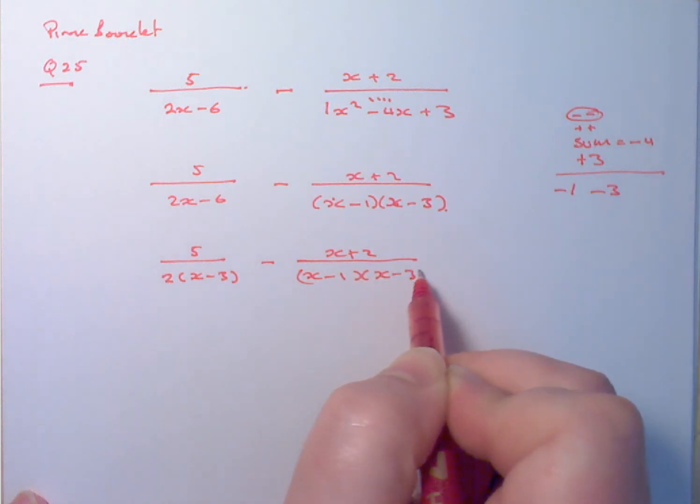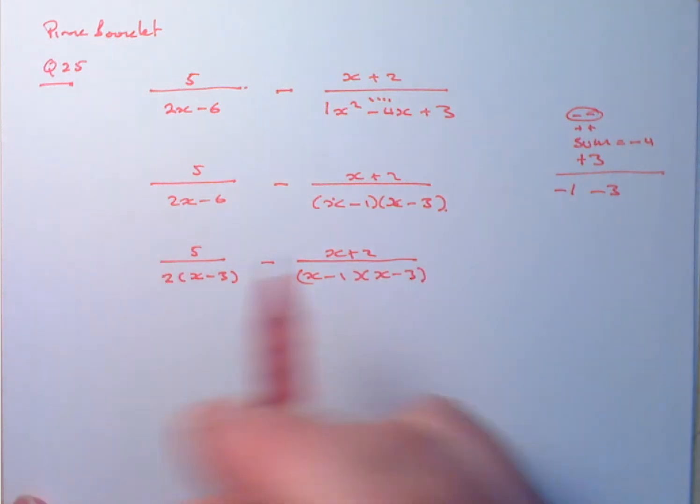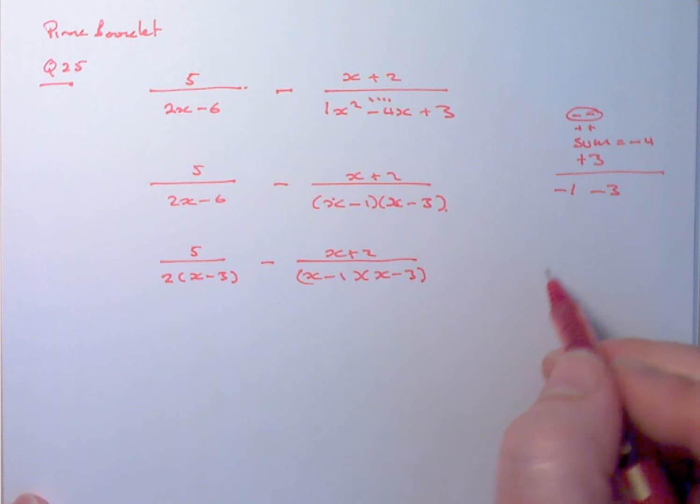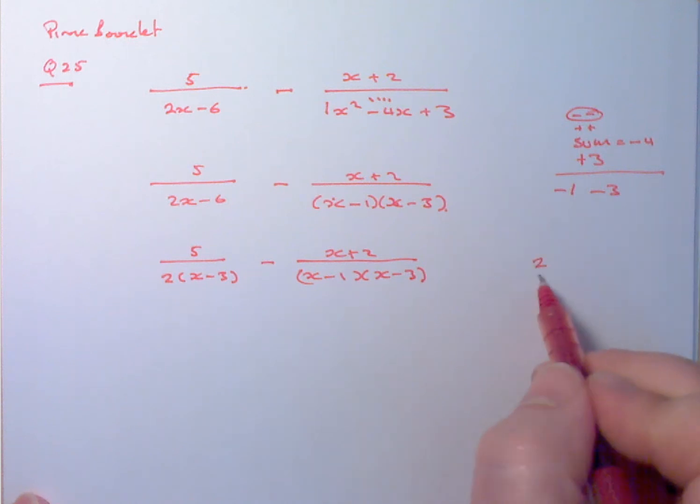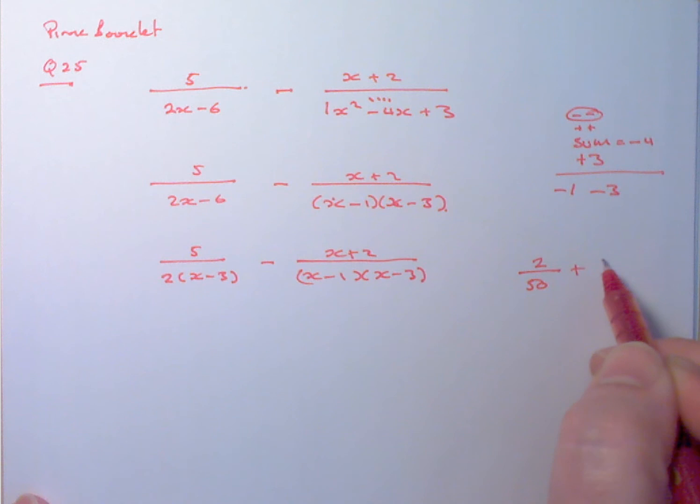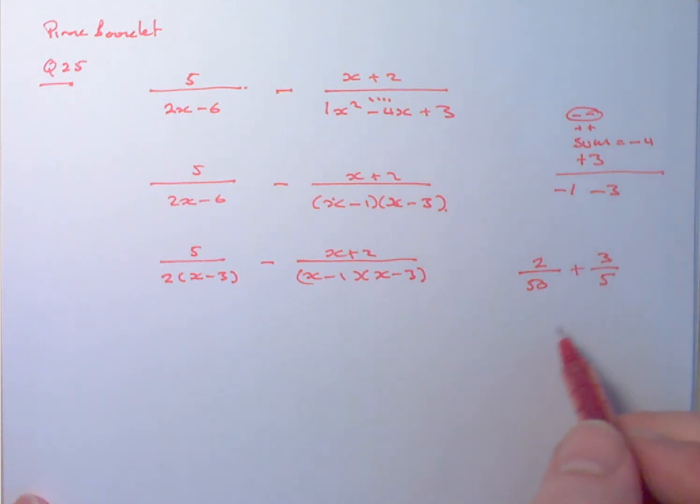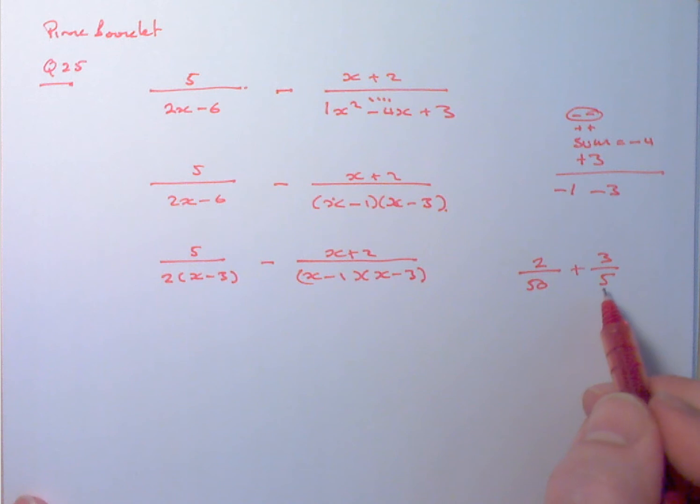minus 3. Now, if I'm subtracting two fractions, if I had 2 over 50 plus 3/5, I could use the common denominator 250, but that wouldn't be smart.